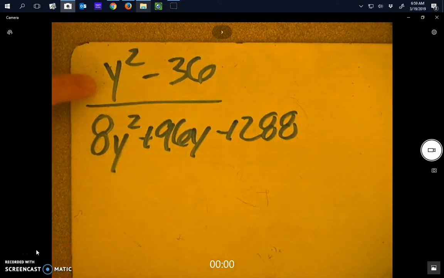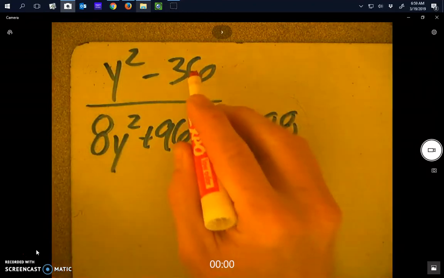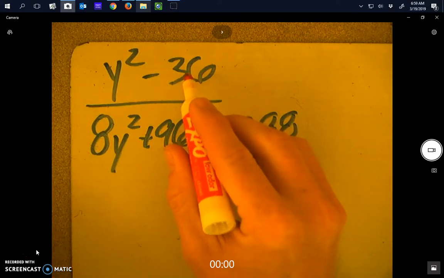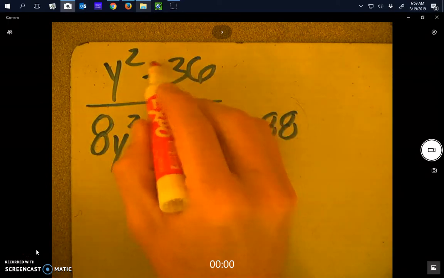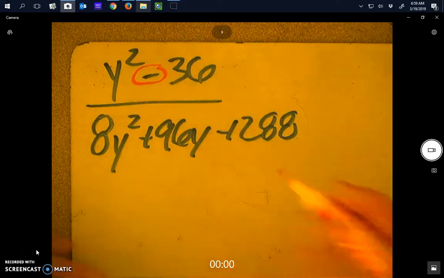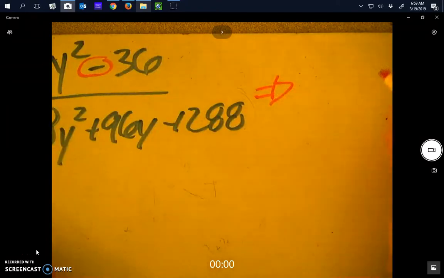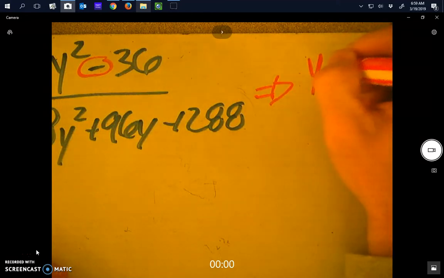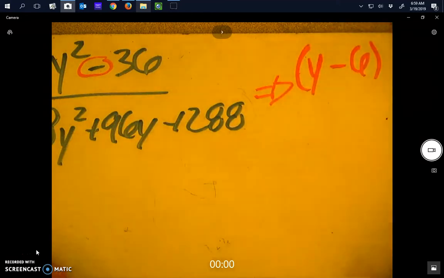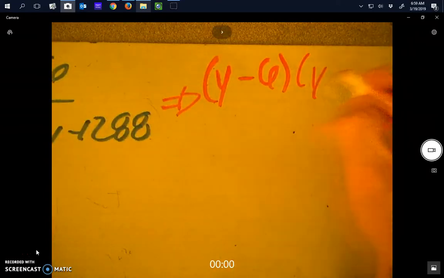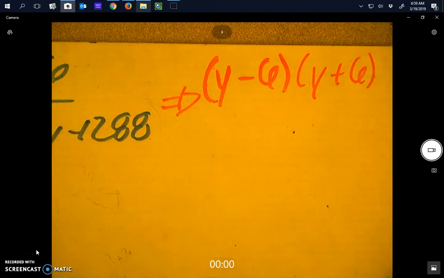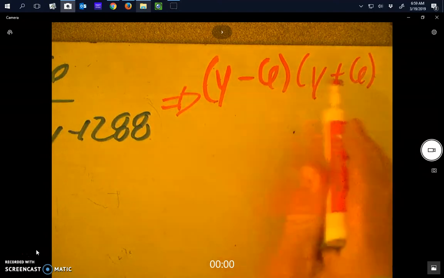What I mean by that is that y squared can be square rooted into y, and 36 is a perfect square, square root into 6. And when it's the difference, it's called the difference of two squares, which means, from two units ago, we get y minus 6, which those are both the square roots, times y plus 6. Okay, so there's different signs.